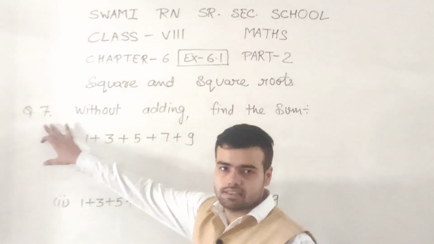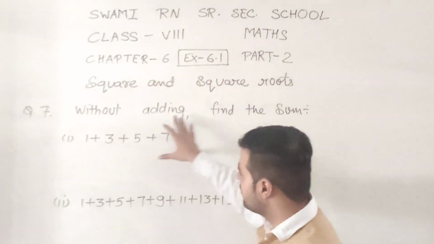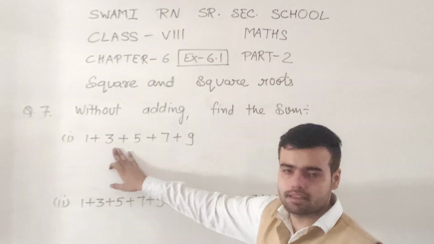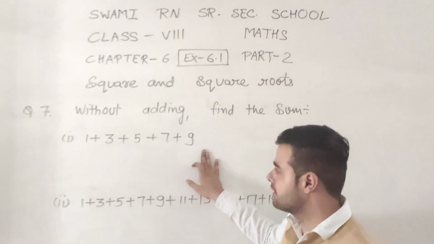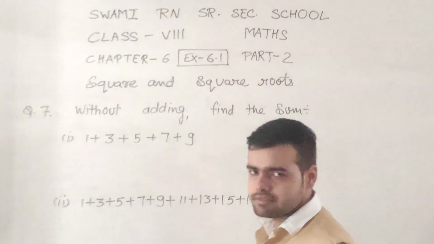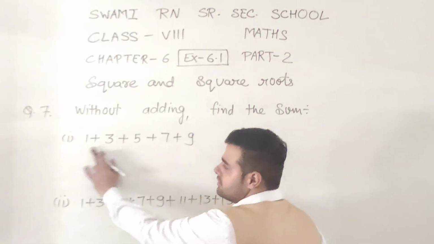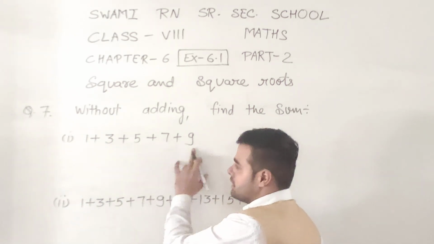Now in question number 7, without adding, find the sum. In this question we have to find the sum 1 plus 3 plus 5 plus 7 plus 9 without doing addition. Now how is it possible? We just have to count how many odd numbers we have. Here 1, 2, 3, 4 and 5.